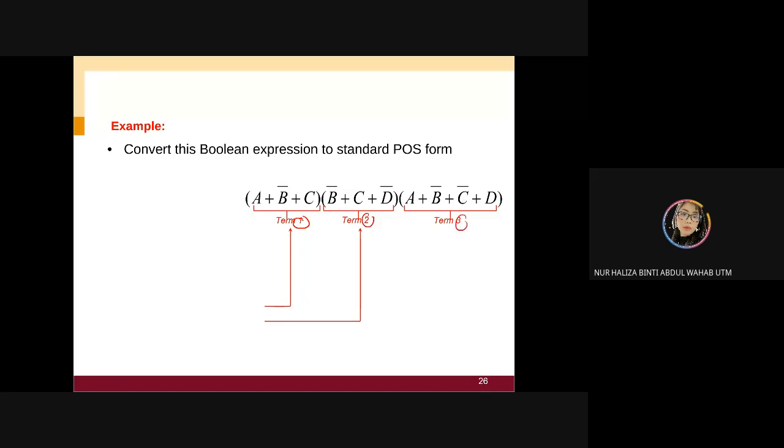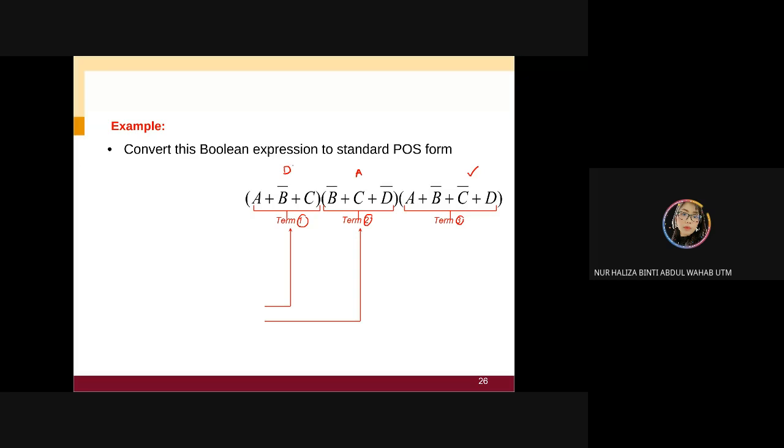So you know already all the terms need to be complete, having A, B, C, D. Because you have A, B, C, and D, 4 inputs. Term 1 is missing D. Term 2 is missing A. Term 3 is complete.